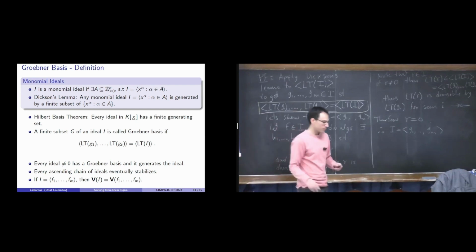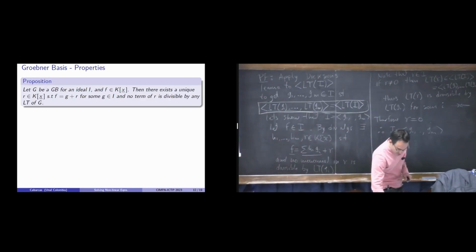And so the first nice property is that when you have a Groebner basis, you get unique remainders.